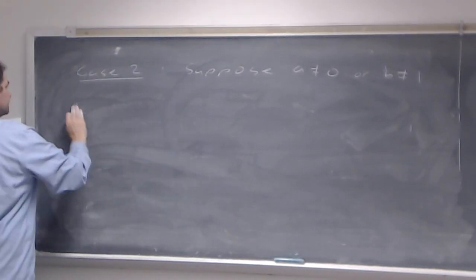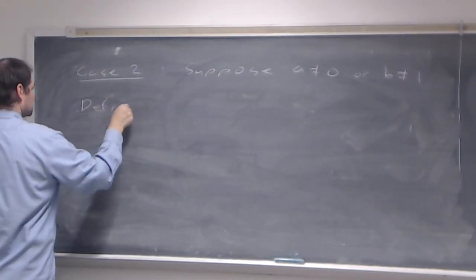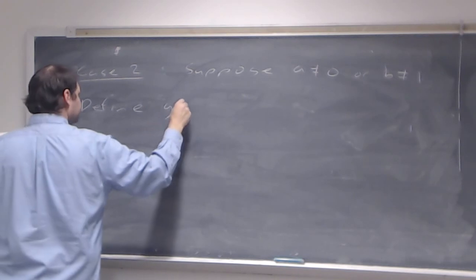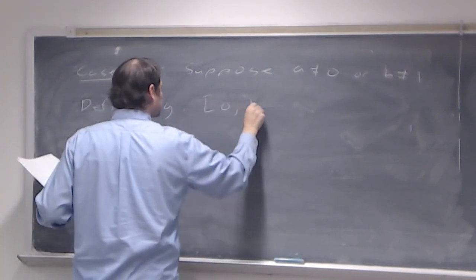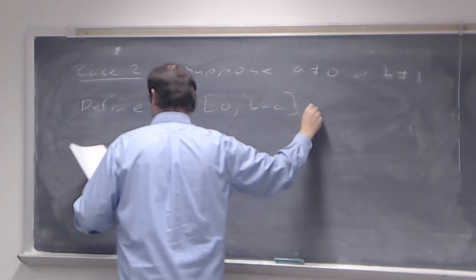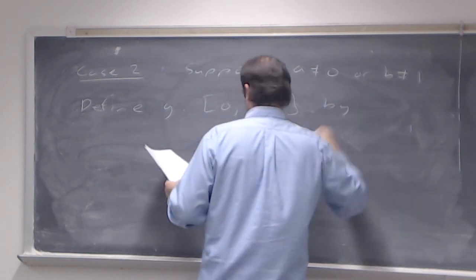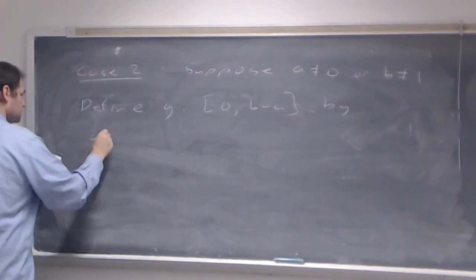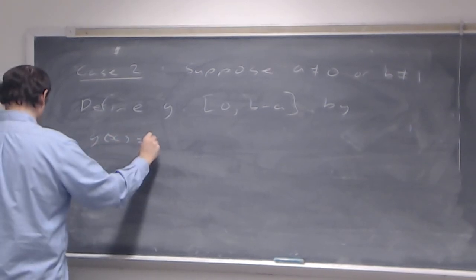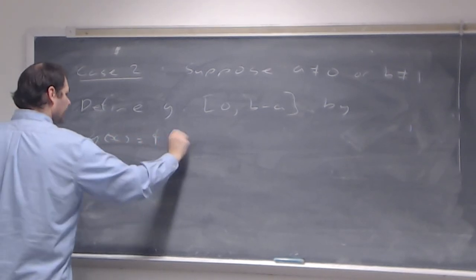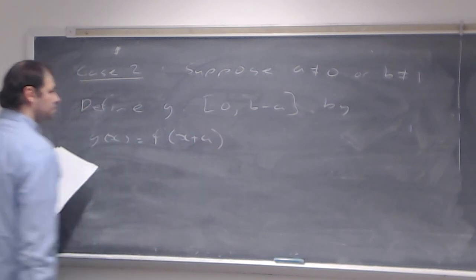We define g that goes from 0 to b minus a by g of x equal to f of x plus a.